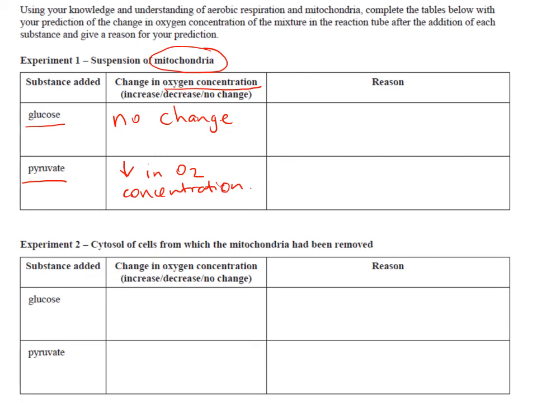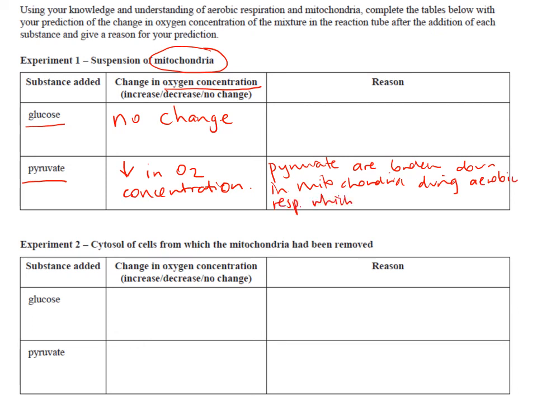Okay, so you could say here that pyruvate is broken down in the mitochondria during aerobic respiration, which uses oxygen.